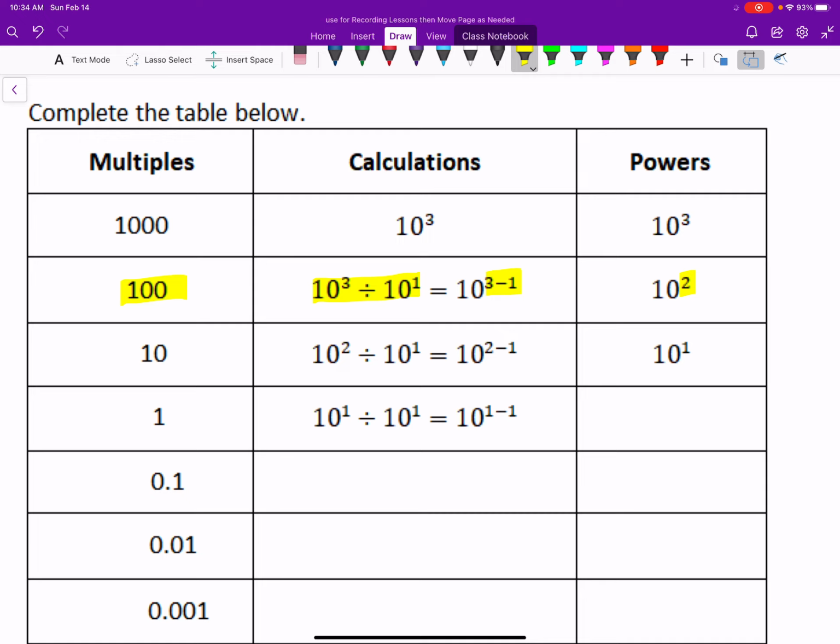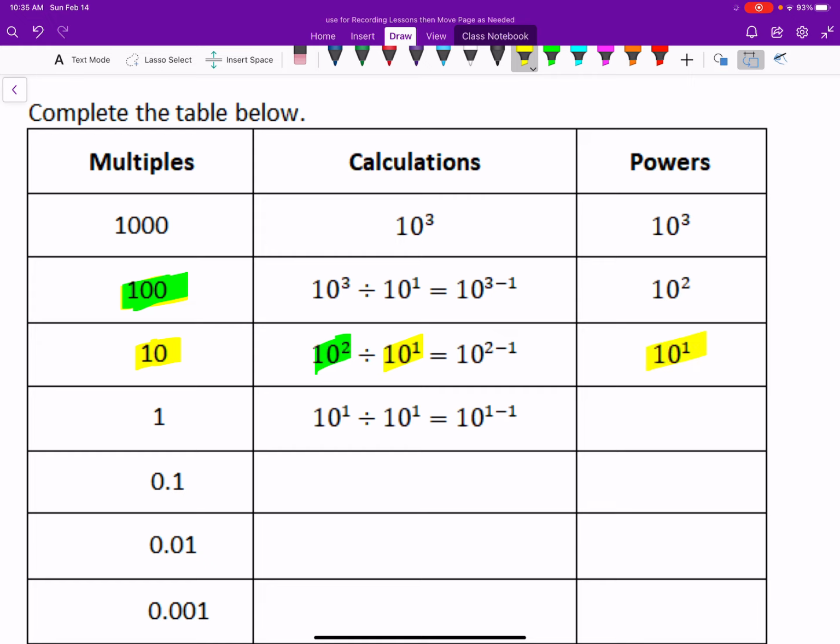The point of doing this is just illustrating how we can see a connection between different multiples and the exponents on them, so that once we get to some we don't know, we'll know what to do. If we compare the number 10 to 100, we know that 100 is 10 to the 2, and so if I divide 10 to the 2 by 10, then I get 10 to the 2 minus 1, and 10 to the 1.